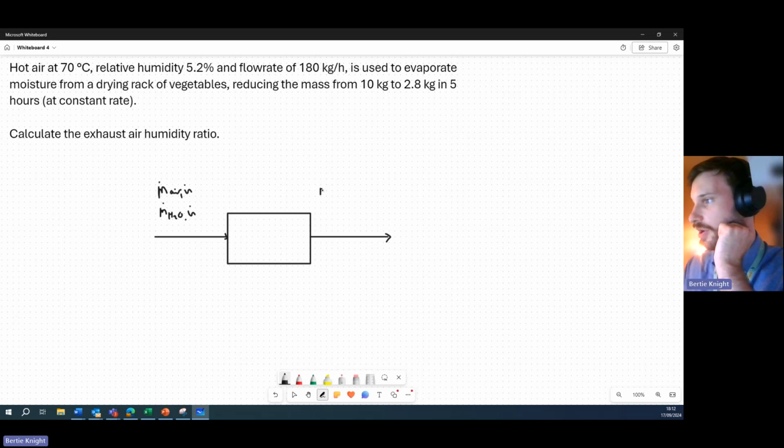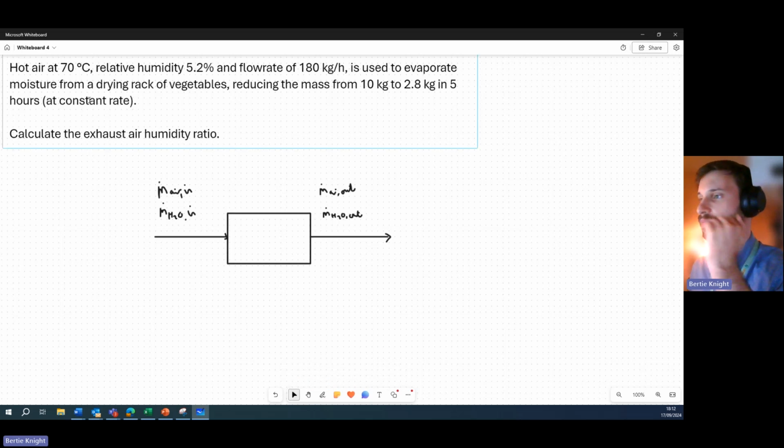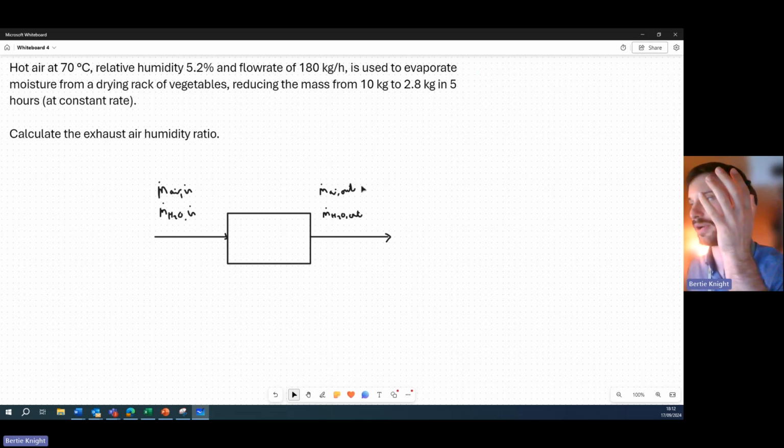And over here, we've got M air, comma out, and M H2O, comma out. Apologies for my handwriting as ever. Important point: when we look at this problem and understand the system, the air that is going in is the same as the air going out, right?